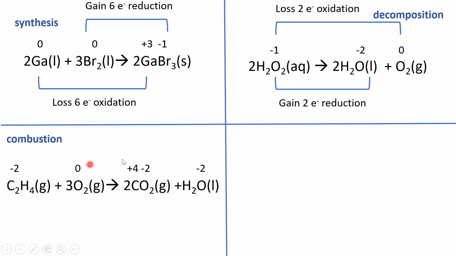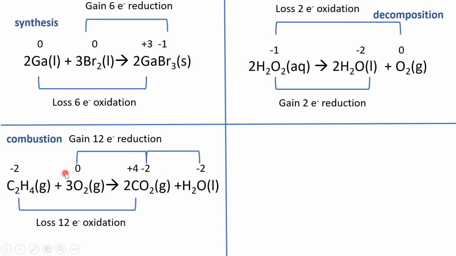And when we look at oxygen, its oxidation number is changing. So it's a redox reaction. Our oxygen is being reduced and our carbon is being oxidized. Again, notice that you can't have one without the other.